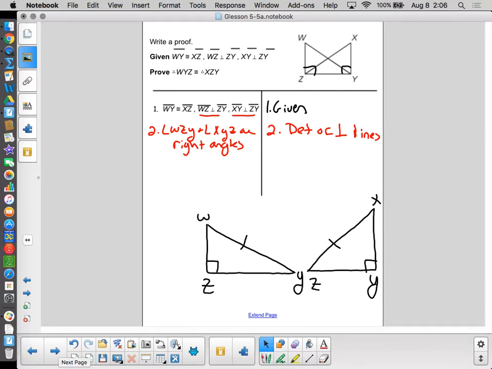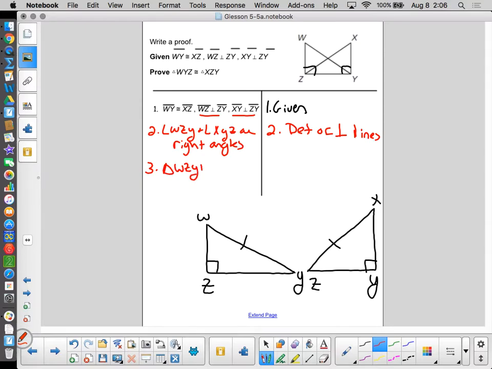Next, since those are right angles, that means that triangle WZY and triangle XYZ are right triangles. This is the hard part right here of hypotenuse leg, is we always have to have these statements.